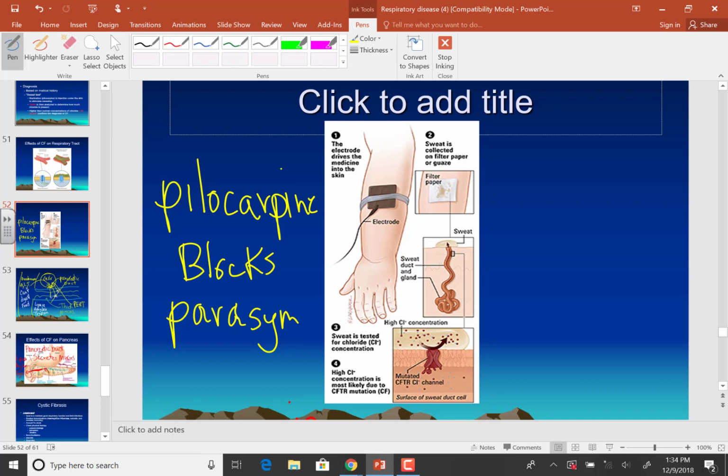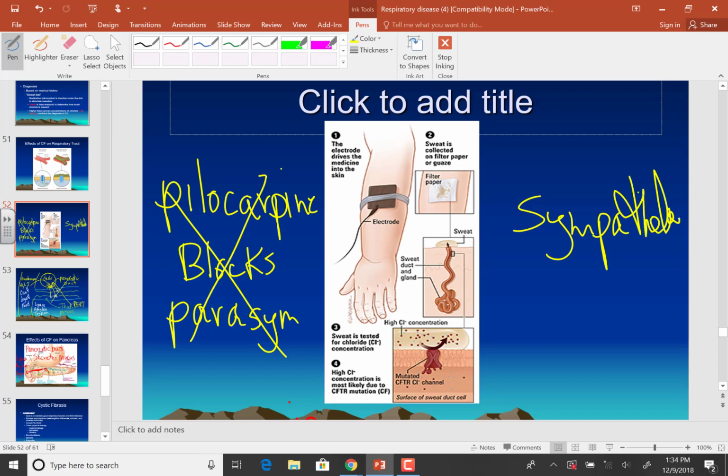If you give them a drug that blocks the parasympathetic nervous system, just locally on the skin of the forearm, all you have is the sympathetic nervous system working there locally. And as we know, the sympathetic nervous system produces sweating.